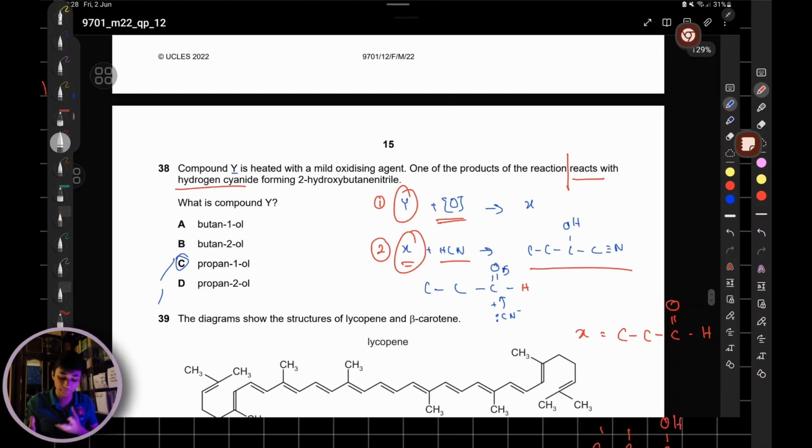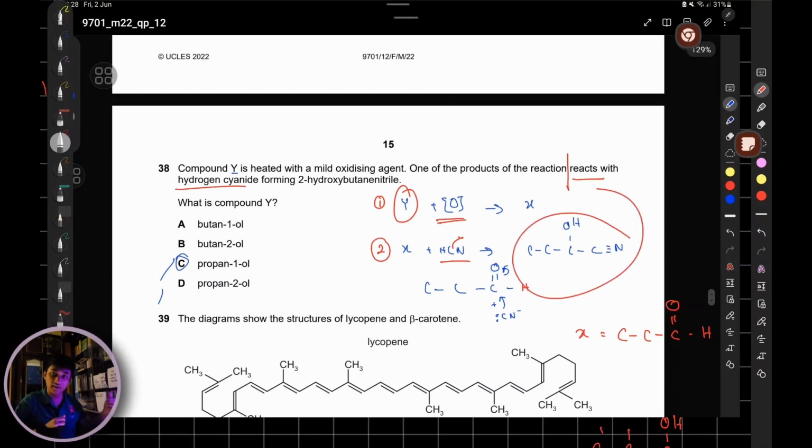An aldehyde. Great. So if X is an aldehyde, what aldehyde is it? Now remember, when addition reaction takes place, there is a carbon atom added from the cyanide group. The cyanide group has a carbon atom attached to it already. So the aldehyde that it reacts with is going to add another carbon atom and form a nitrile.